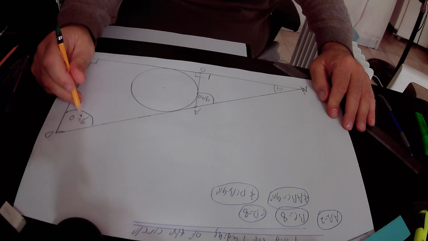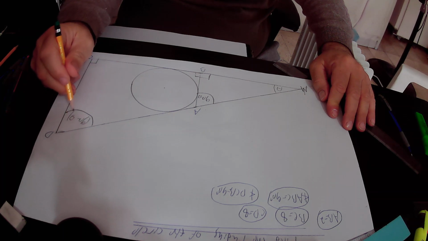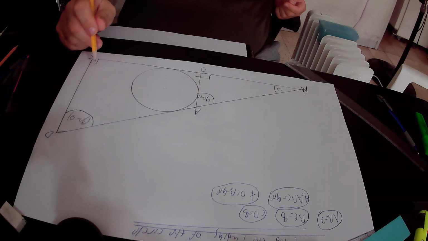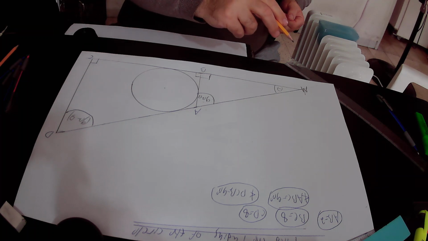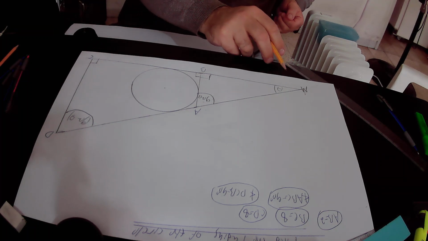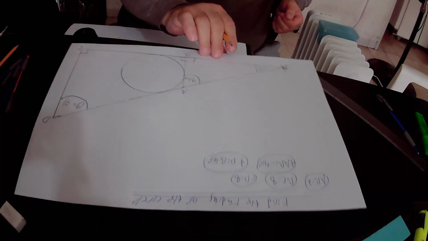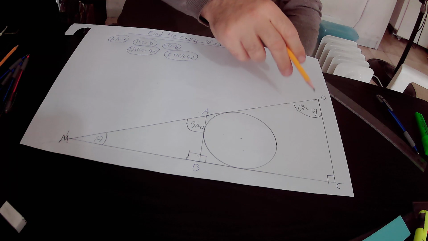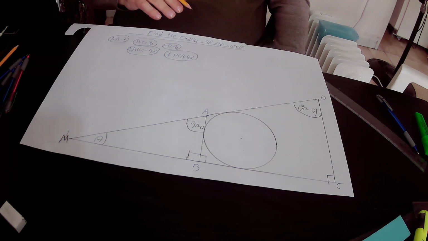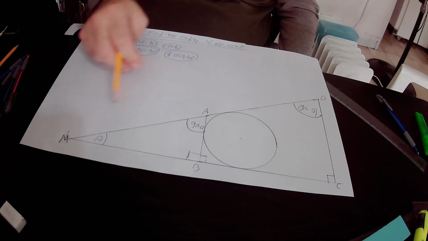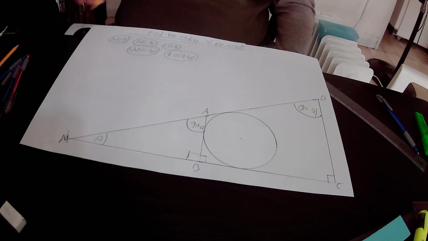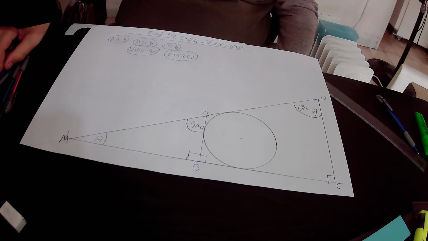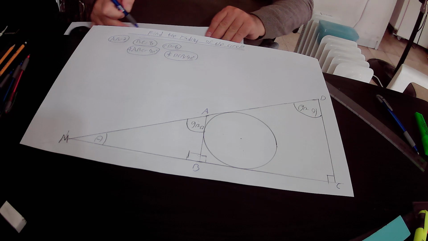In the next step, we prove that the big right triangle MDC is similar to the small right triangle MAB. I repeat again, we prove that the big right triangle MDC is similar to the small right triangle AMB. Okay, so I write it down.